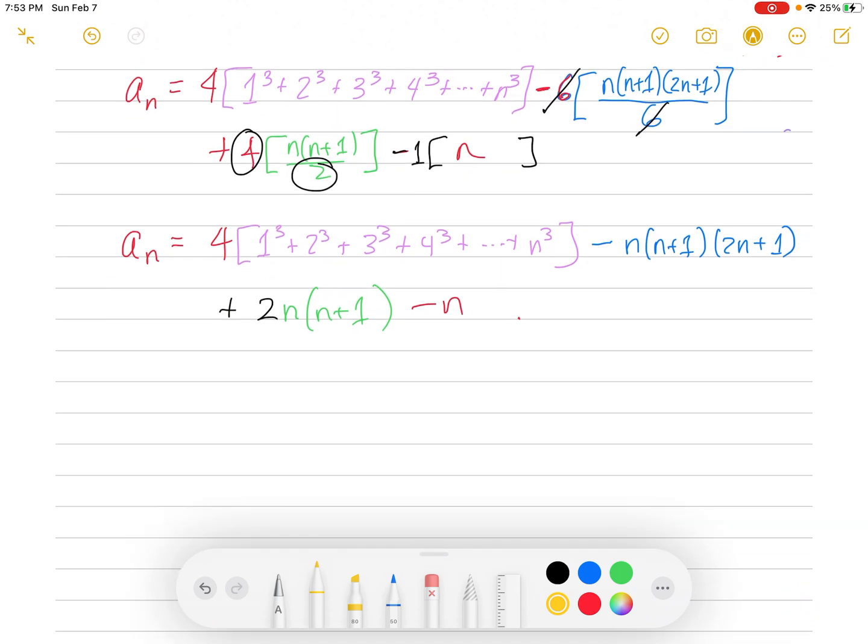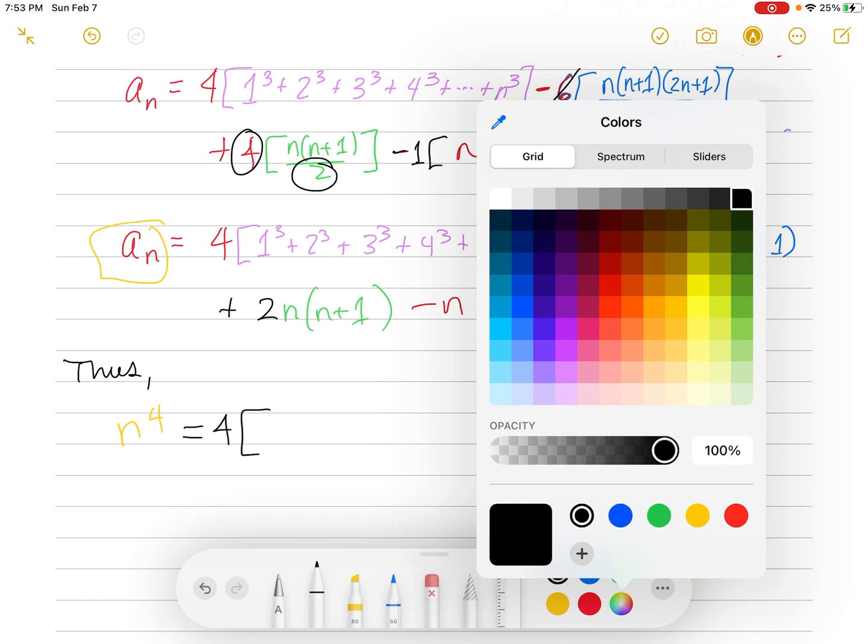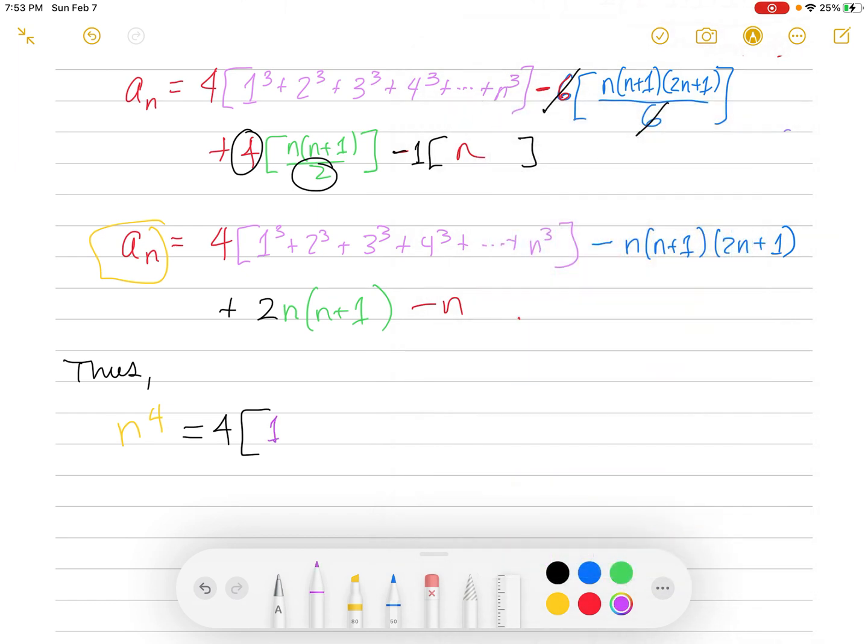So what I'm going to do, I'm going to set these equal. So on the left-hand side, thus, a_n here we said is n to the 4th. N to the 4th is equal to 4 times, this is what we're trying to show. We're trying to get this by itself. 1 cube plus 2 cube plus 3 cube plus 4 cube plus n cube.